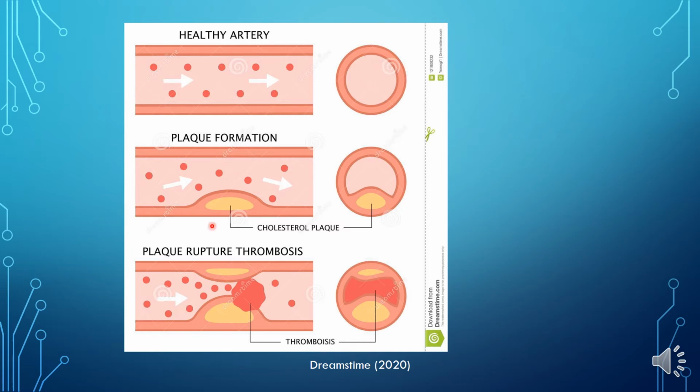So injury and inflammation will be the initial insult, and this will lead to oxidized lipids infiltrating, forming this cholesterol plaque. This in turn causes your responder cells to try to fight and control the injury.